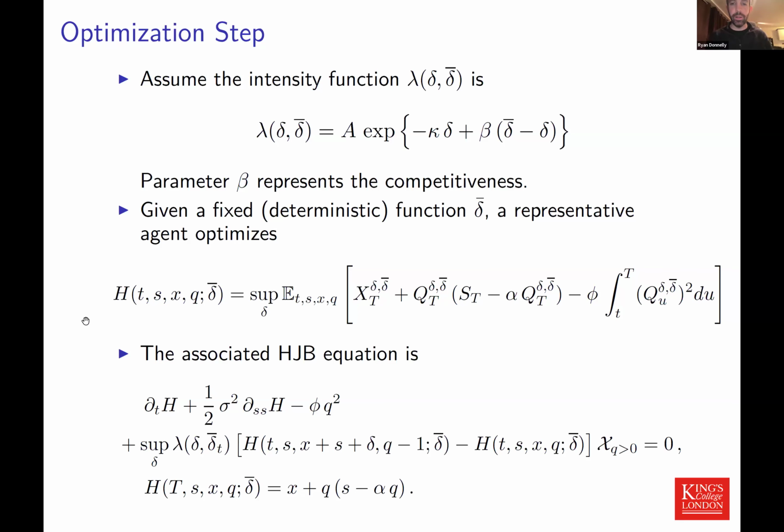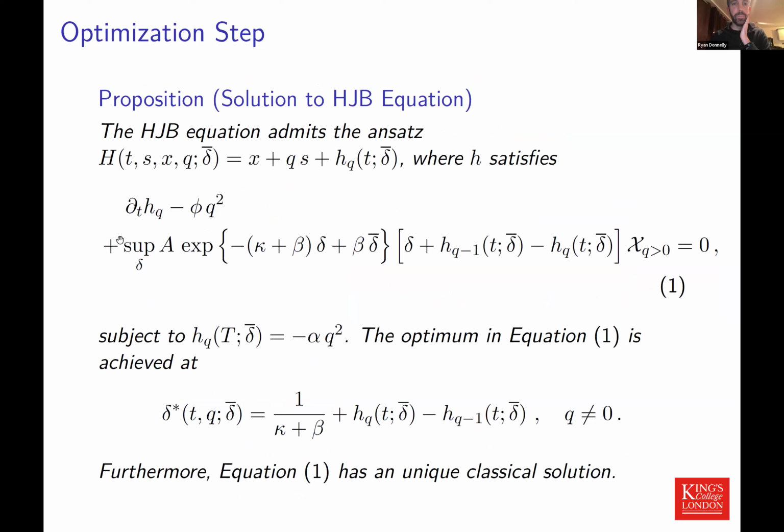So there's an associated Hamilton-Jacobi-Bellman equation to this. I won't go through too many of the details here, but there's a nice ansatz, the excess value ansatz, that applies here. And we can write down a system of ODEs, and we can prove that this equation has a unique classical solution, and the optimal strategy in feedback form is given by this expression here.